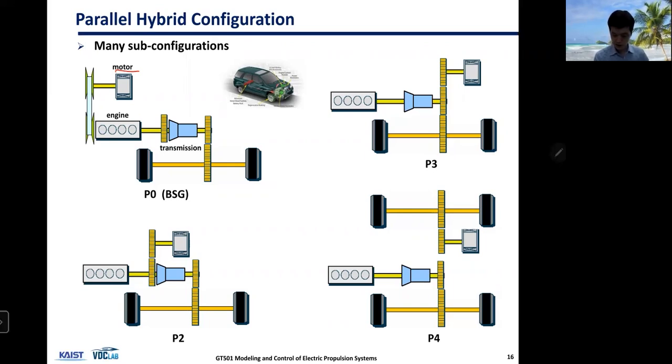P3 is connected to the output of transmission, and then P4 is connected to the other axle from where the engine and transmission are connected. So this can give you four-wheel capability if you can properly control.